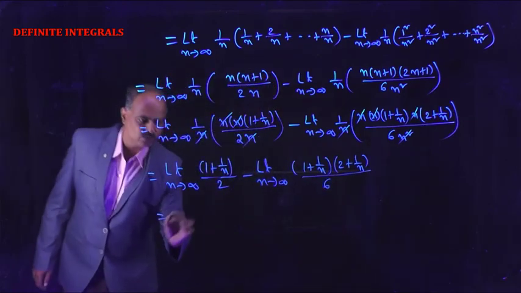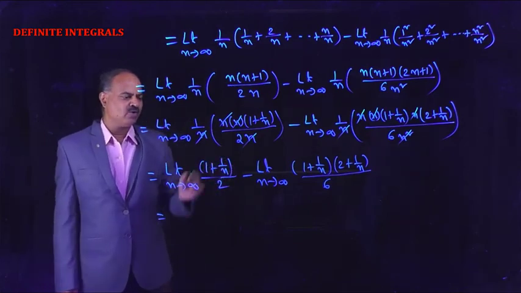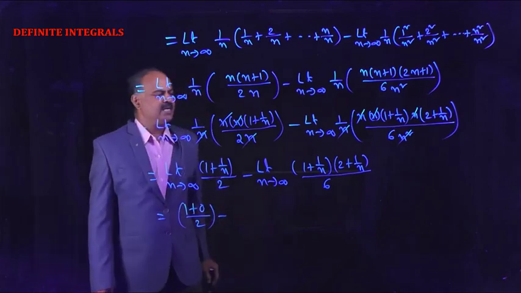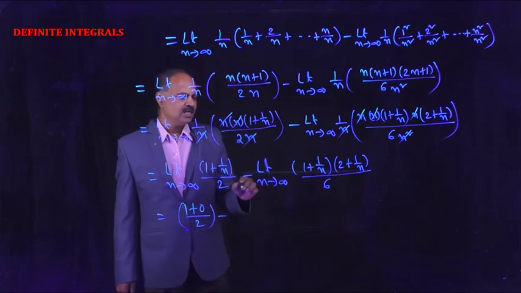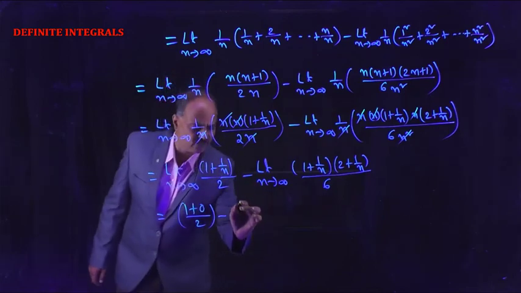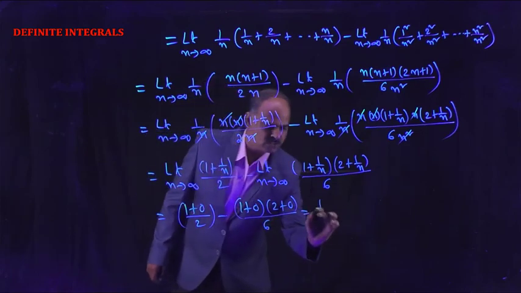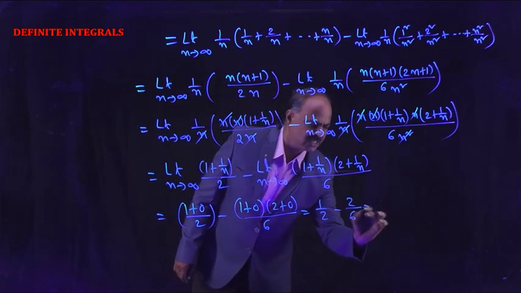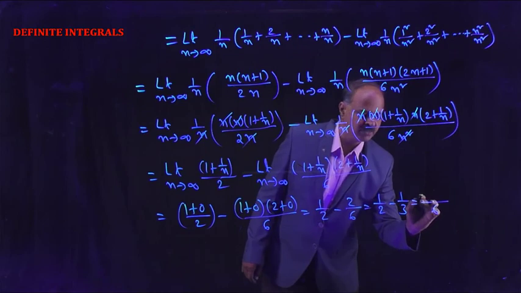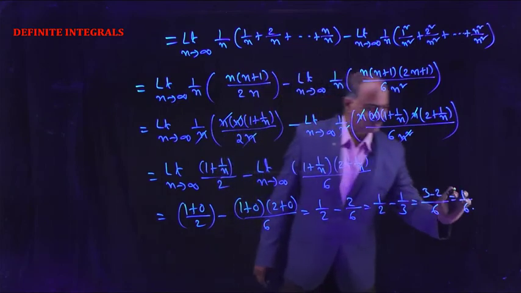Now this is equal to 1 plus 1 by infinity, 1 by infinity is 0, that is 1 plus 0 by 2, minus limit n tends to infinity 1 plus 1 by n, 1 by infinity is 0, that is equal to 1 plus 0 into 2 plus 0 divided by 6. Now this is equal to 1 by 2 minus 2 by 6, that is 1 by 2 minus 1 by 3. Now taking LCM 6, that is 3 minus 2, equal to 1 by 6.